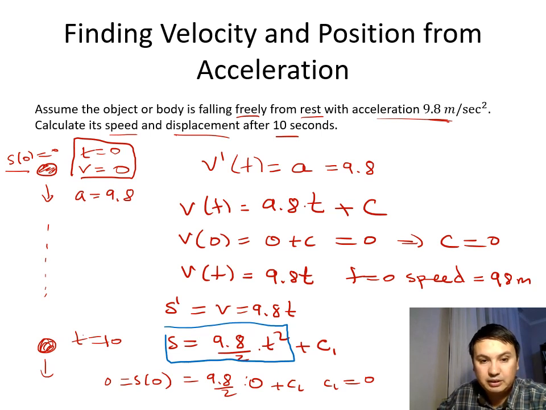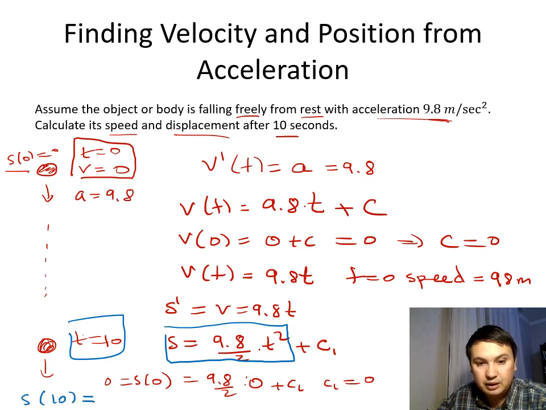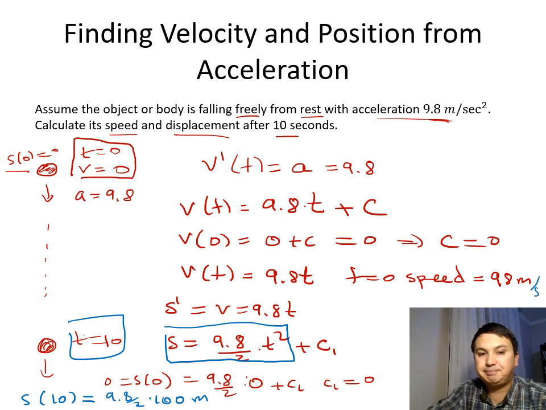Now I want to find the displacement at t equal to 10, so you just substitute t equal to 10. You get S of 10 is 9.8 divided by 2 times 100, whatever it is, in meters. Sorry, the velocity is in meters per second. Okay, so I will stop here.